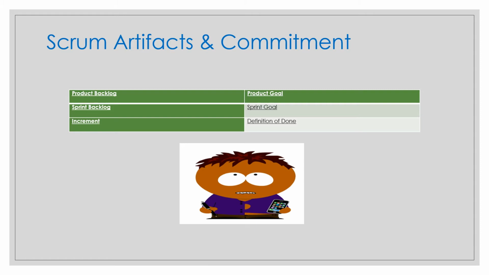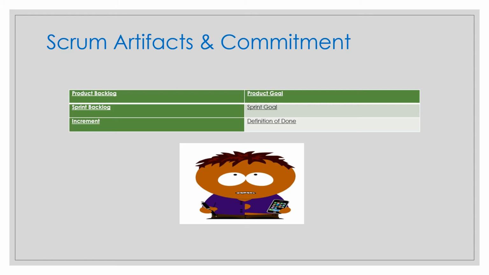These three are the artifacts, and an artifact is something made by the team, in the form of an overall description of a product, in simple language. The Scrum Guide defines three artifacts which we just went through: the product backlog, the sprint backlog, and the increment, or we can also say product increment.